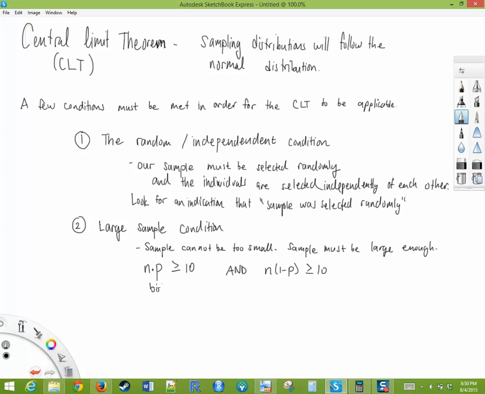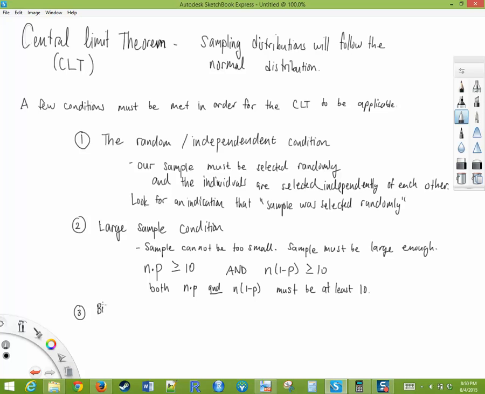Both must be at least 10. Whatever they are, both of those numbers have to be at least 10. If not, the large sample condition is not met.